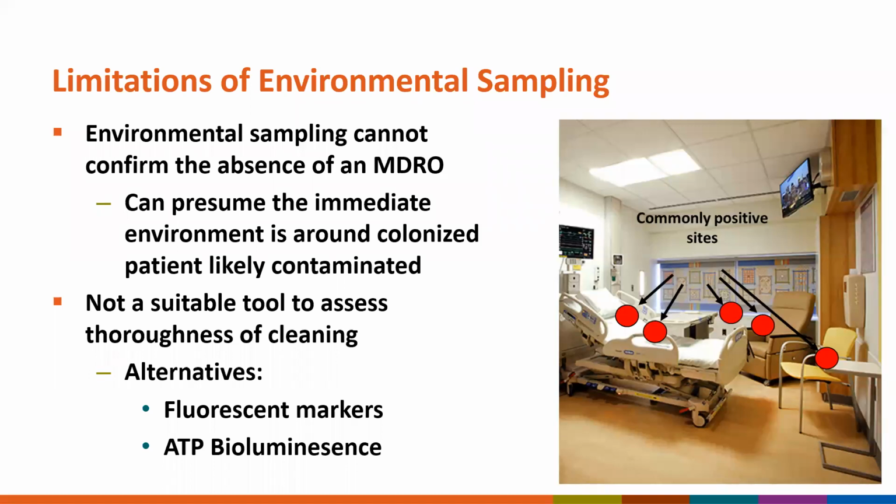So that result really shouldn't change any of your practices. If you know that they're colonized, you should already be implementing the appropriate IPC. A lot of times people are interested in using it as a cleaning assessment, again, trying to confirm that it's gone. There's reasons why it's not good for that purpose. And there's actually better alternatives for assessing the thoroughness of cleaning, like fluorescent markers or ATP bioluminescent markers as well.